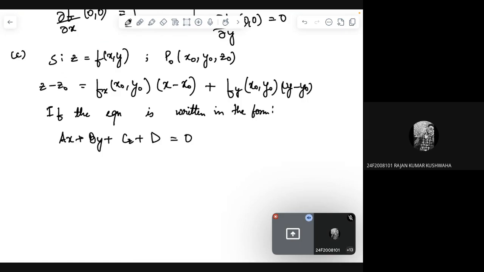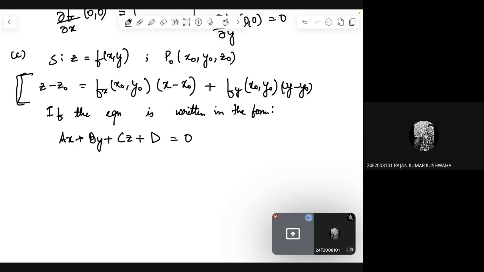A line equation has 2 parameters x and y, a plane equation has 3 parameters x, y and z. This is not a subscript, this is c into z. Okay, so here z can be derived from this particular equation.